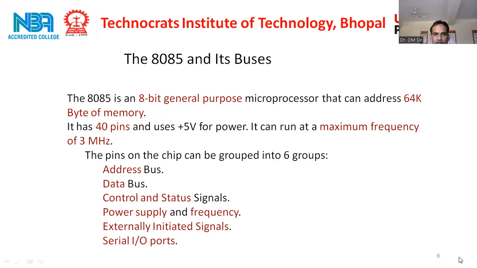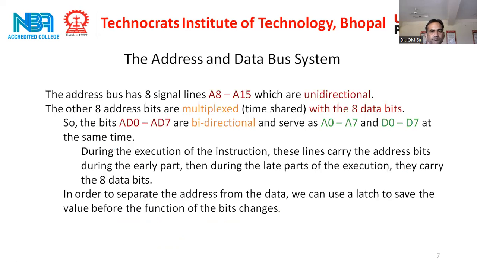The pins on the chip can be grouped into 6 groups: address bus, data bus, control and status signals, power supply and frequency, and serial input output ports. The address and data bus. The address bus has 8 signal lines, A8 to A15, which are unidirectional, and the other 8 address bits are multiplexed with the 8 data bits.